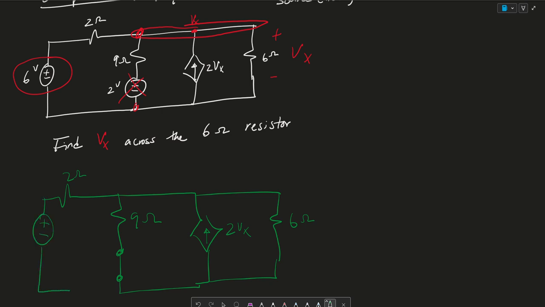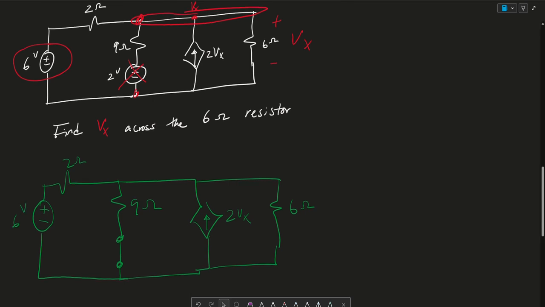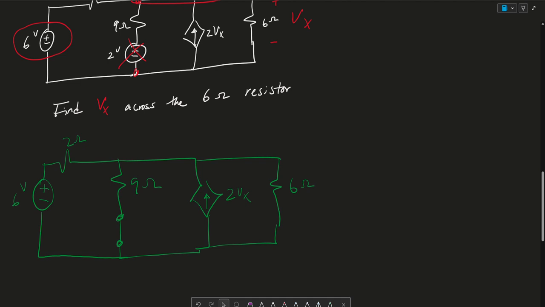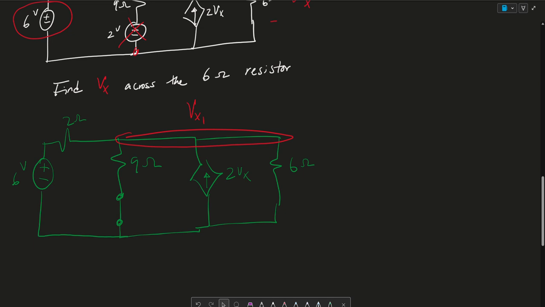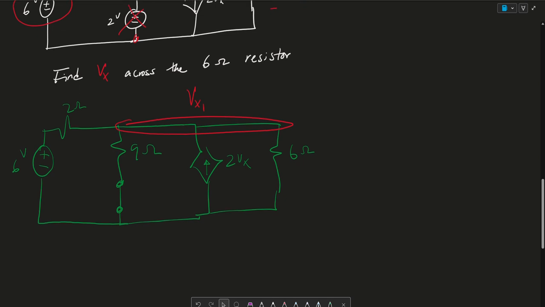And this is 6 volts. So there are multiple ways to solve for Vx1. Maybe pause the video and see if you can find out how to find Vx1, and then come back to the video and see if you got the right answer.